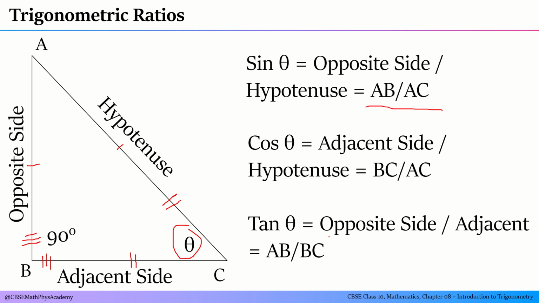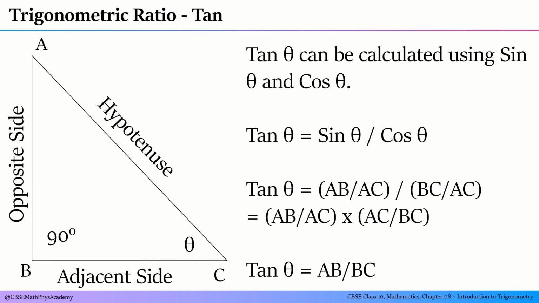You need to understand the ratios, how they are derived, and memorize them properly so that you can apply them in your problems. There is one specialty about tan theta. Tan theta is related to sin theta as well as cos theta. Tan theta is equal to sin theta divided by cos theta.